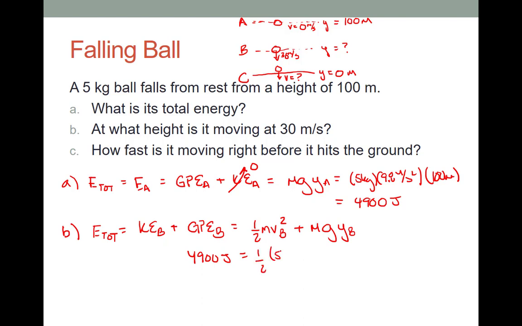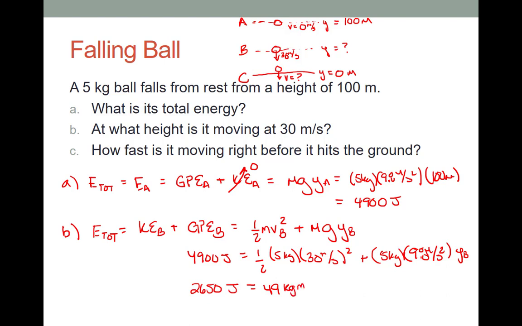So that'll be 1/2 times 5 kilograms times my 30 meters per second squared plus 5 kilograms times 9.8 meters per second squared times my height at B. Multiplying my kinetic energy term together and then subtracting it from 4,900 results in 2,650 joules equals 49 kilogram meters per second squared times YB.